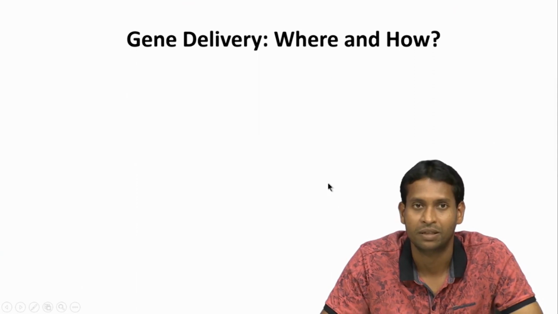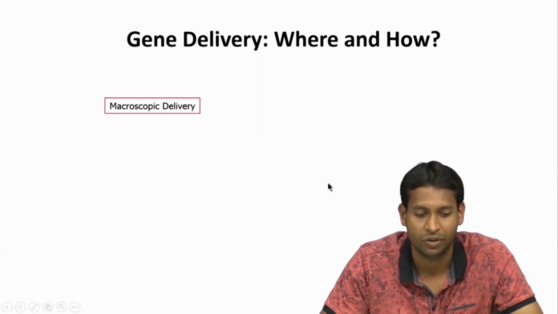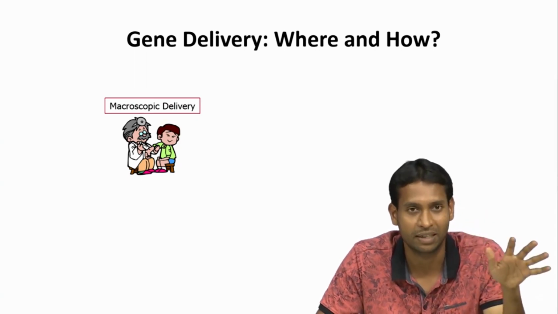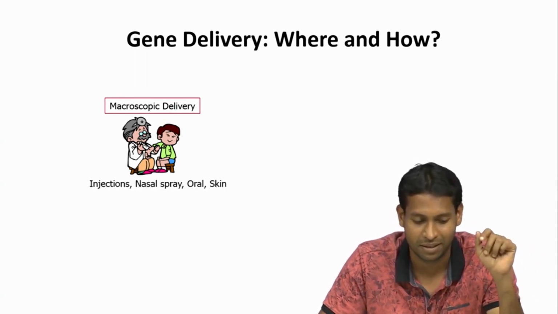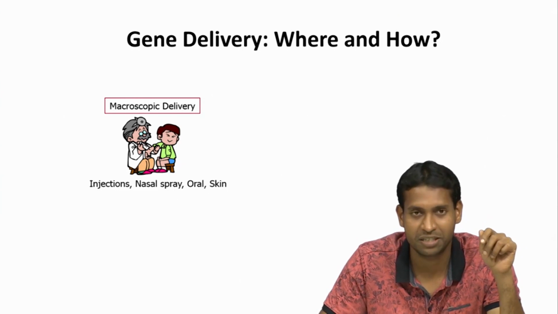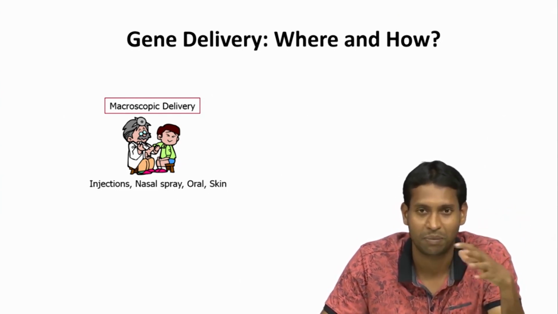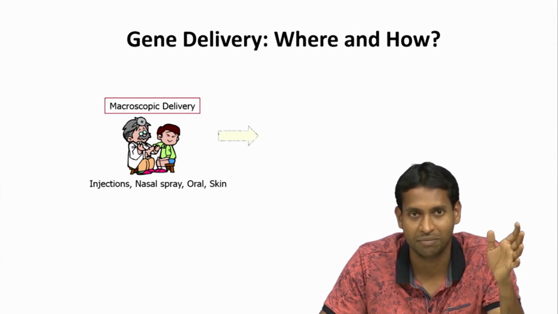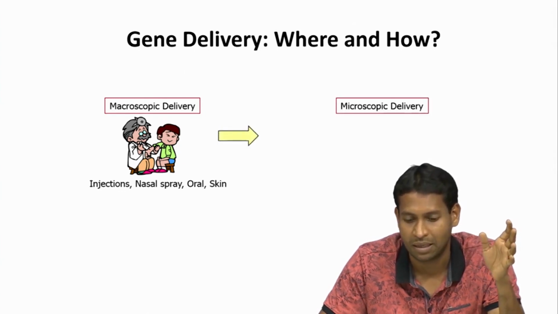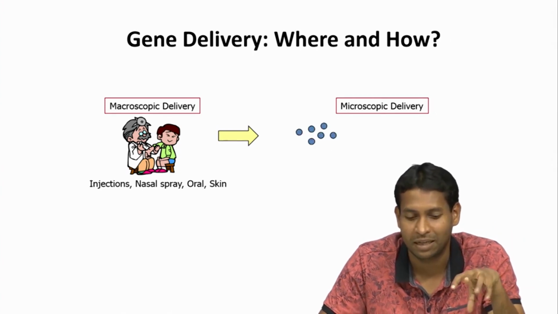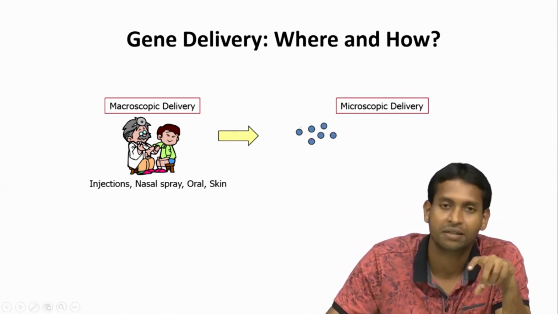Okay, so gene delivery, where and how. Let us look at macroscopically what is happening. You go to a clinic, the doctor injects you something. These could be injections, nasal spray, orally you take something, or they put it under the skin, muscle, whatever. Then if you zoom into what is happening there, you have some particles.